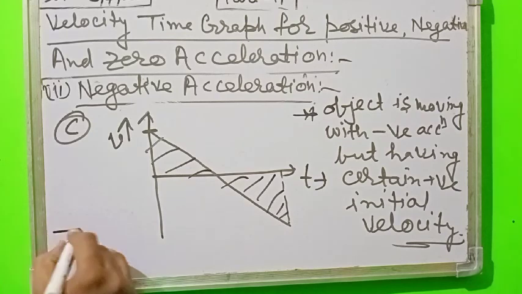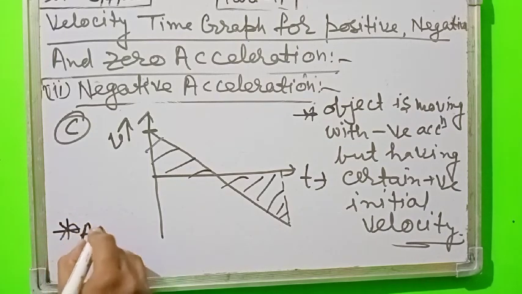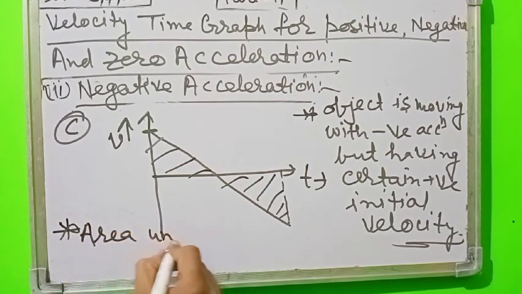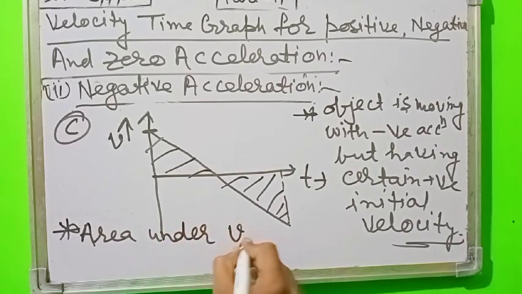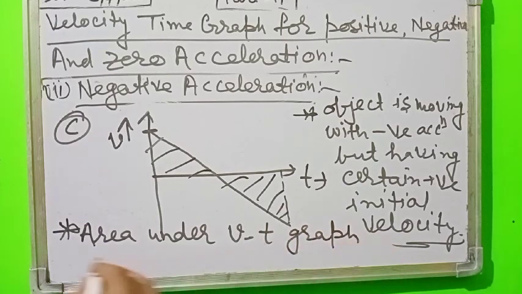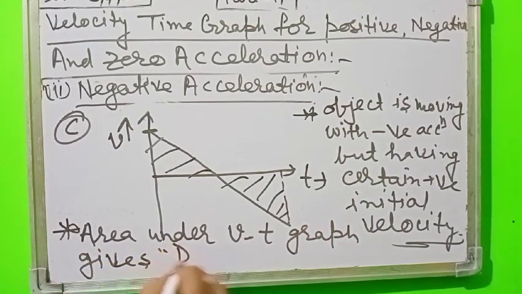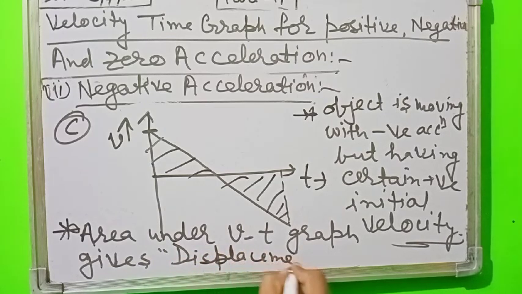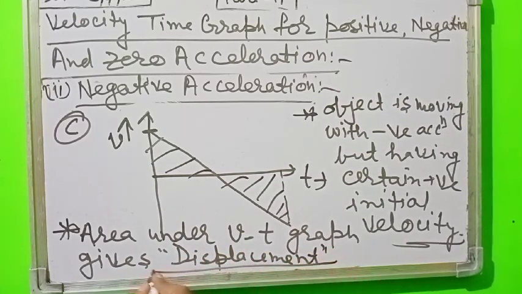So the area under the velocity time graph gives displacement.